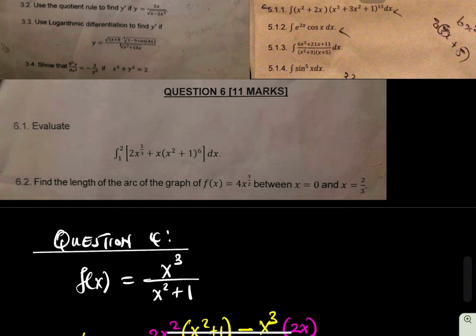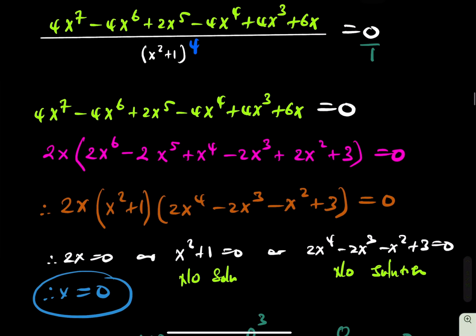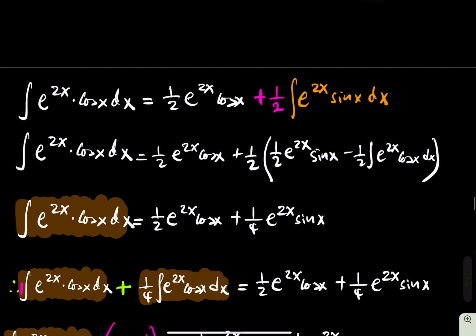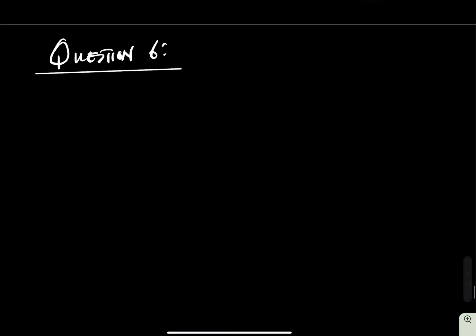2x to the power 1/3 plus x times (x squared plus 1) raised to the 6th power dx. So that should really be very easy. Let's do that. Let's check the integral from 1 to 2, and that is 6.1.